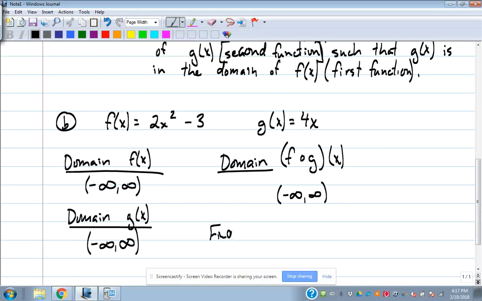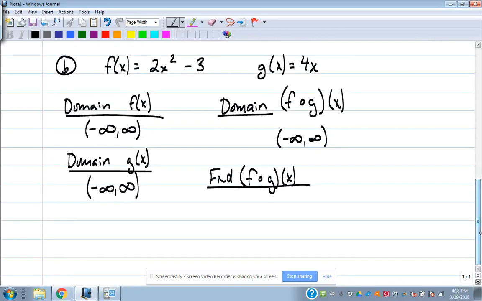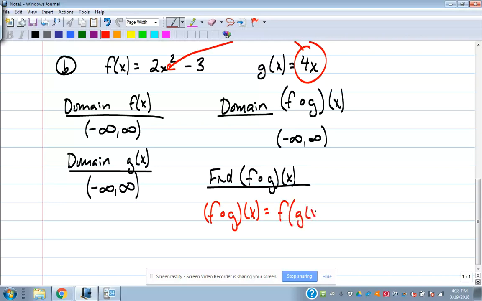And then we want to find f composed with g of x. That's our last job for this problem. So we're taking the g of x function and replacing x in the f of x function. Remember, f composed with g means take g of x and replace x in f of x.